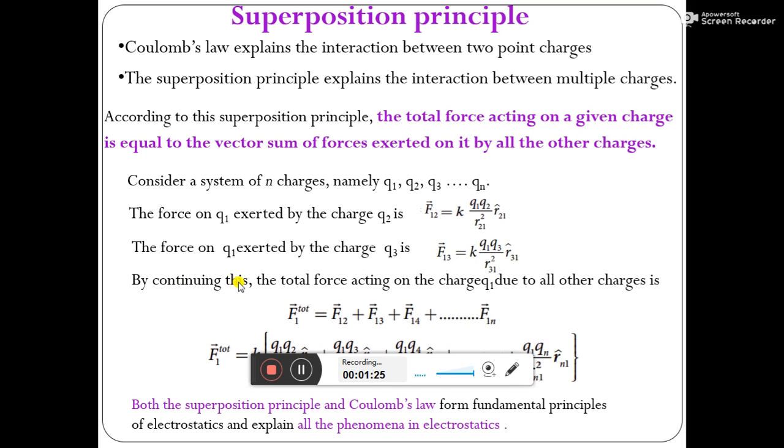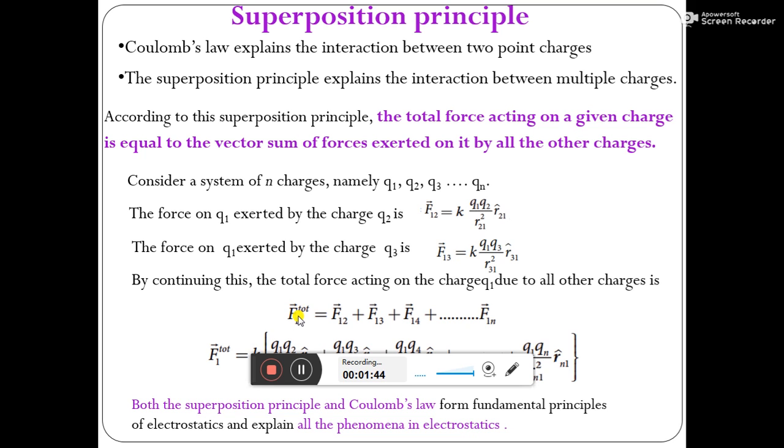By continuing this, the total force acting on the charge Q1 due to all the charges is F1 total. Why is it F1 total? Because it is the force acting on the charge Q1.